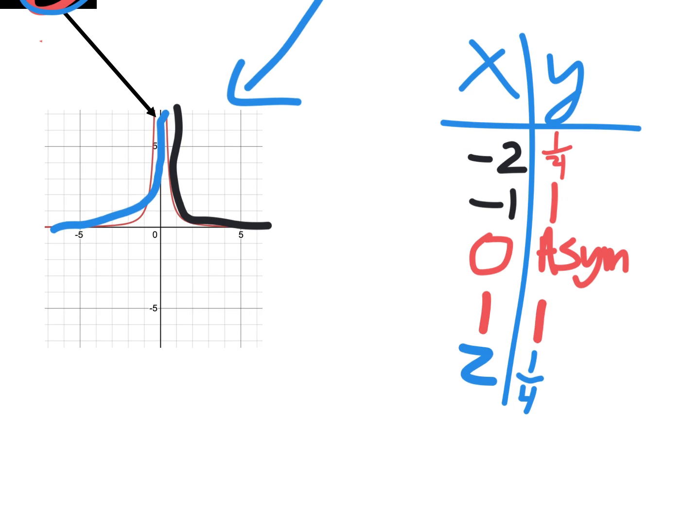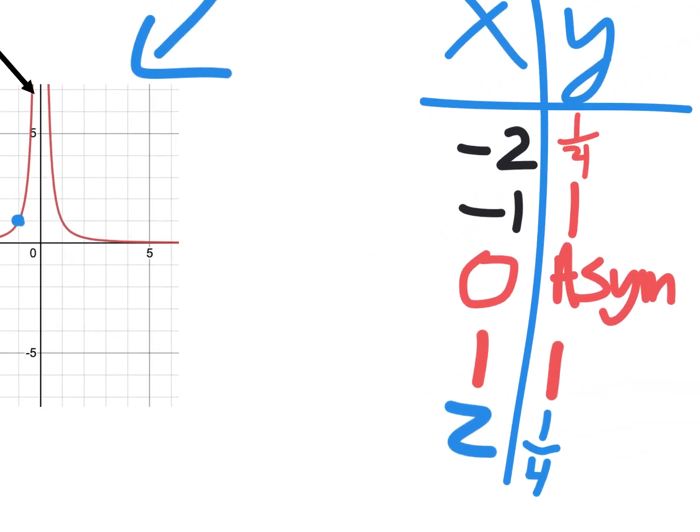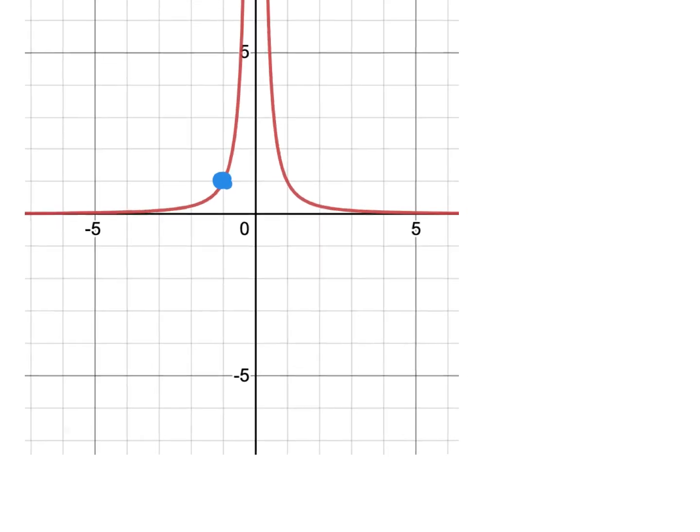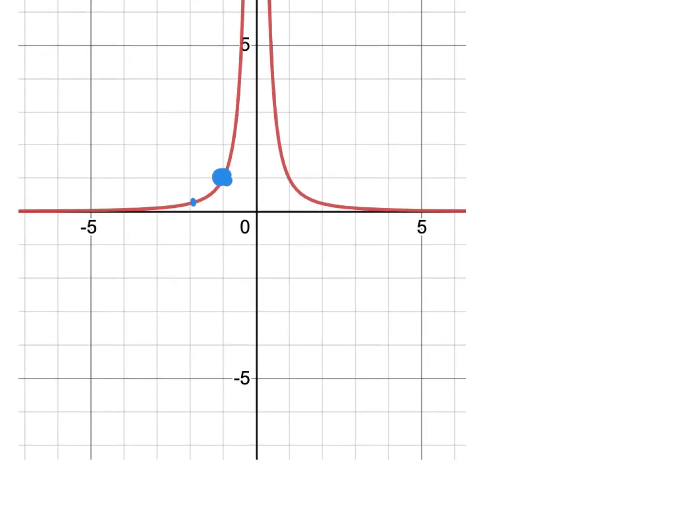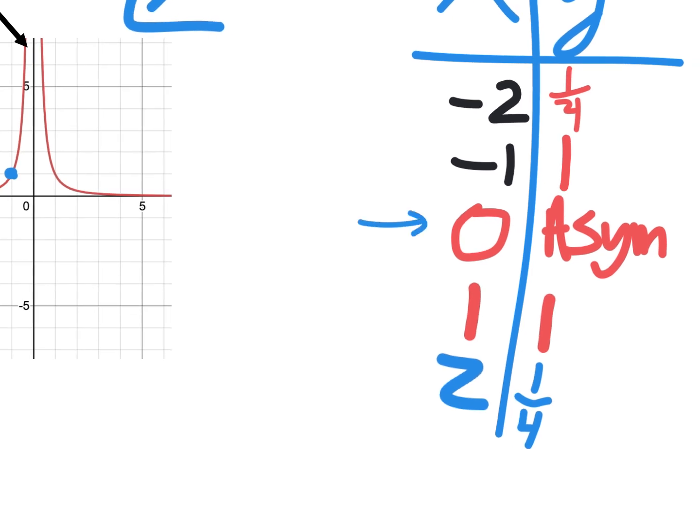Now just recognize that all of these spots are on your graph. Like they're there somewhere. Like -1, 1. That's right there. -2, 1/4. That's right there. 0 is the asymptote.